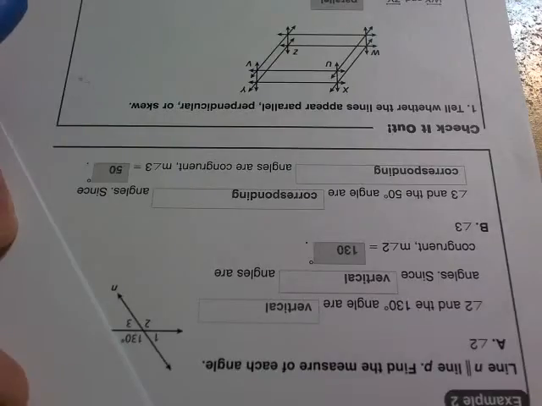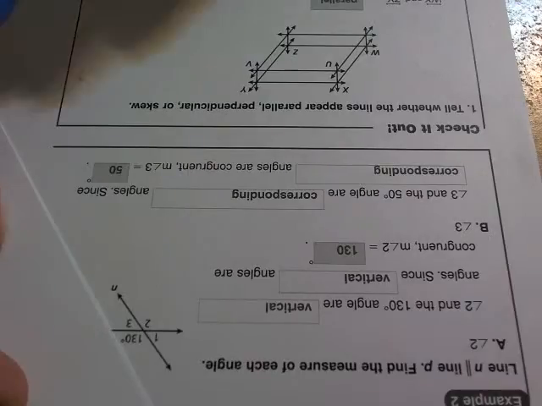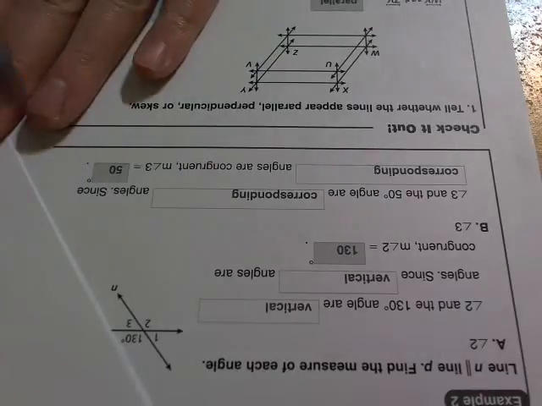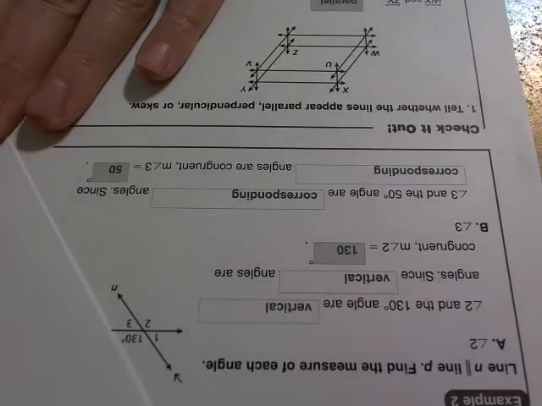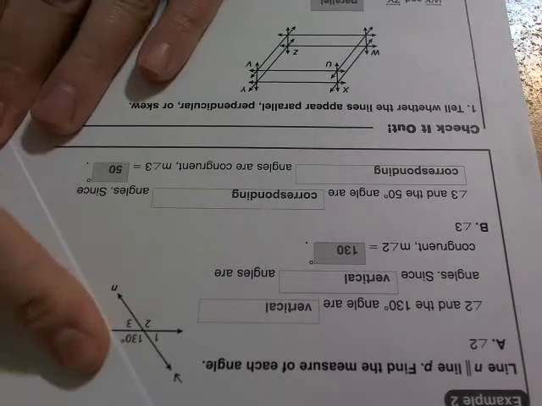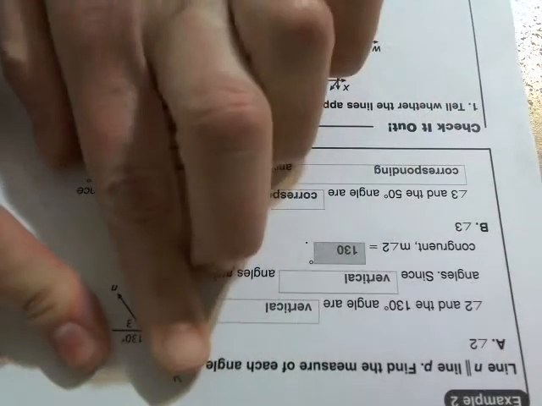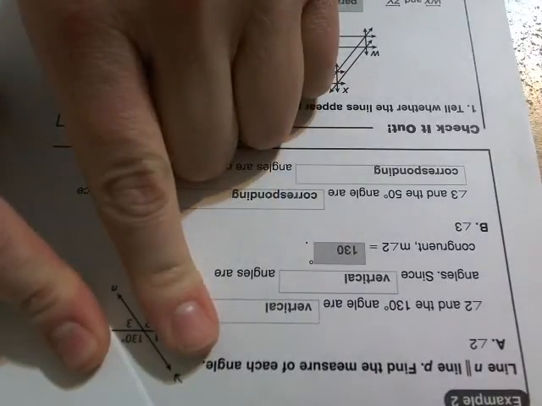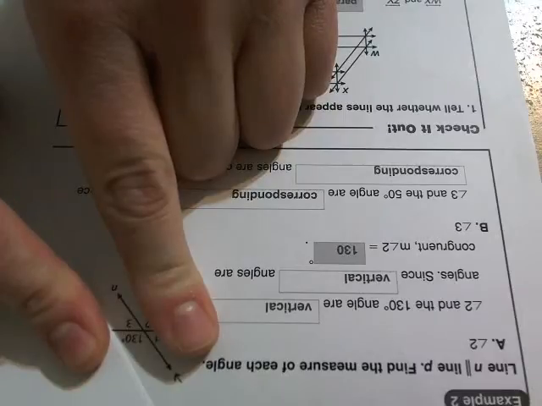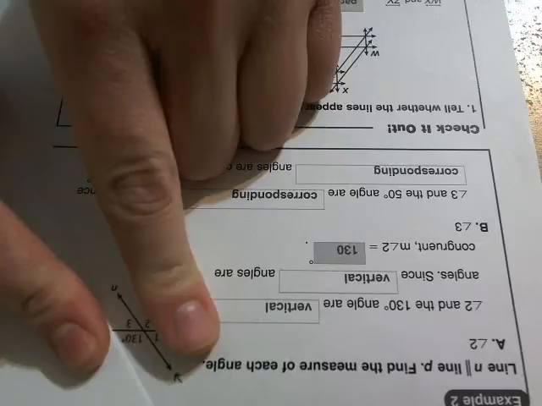What's more important from the definitions you saw today is that they are also adjacent angles. They're adjacent angles because they happen to share a side, this side right here. Now the same thing is true for the angle marked 3. Sometimes it's a little harder to see, but it goes the same way: running diagonally across the page, you have two angles together that form a line and make 180 degrees.